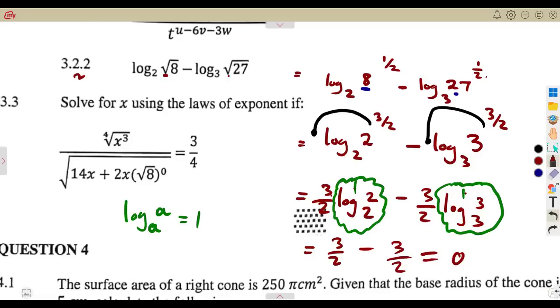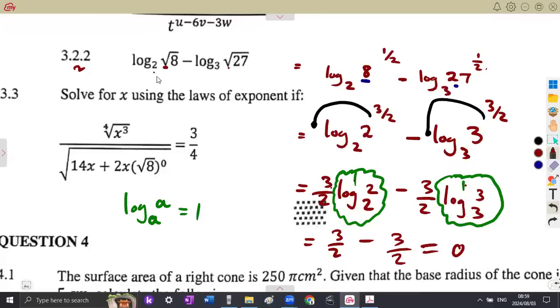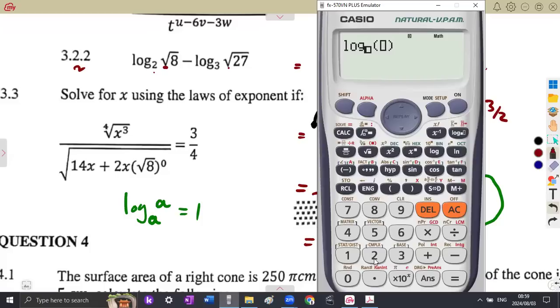And we can also prove this on our calculator. Are we going to obtain a 0 in that case? All right, so let us take this one. That is the logarithm in the base of 2, so take note, this is in the base of 2, of the square root of 8, minus the logarithm in the base of 3 of the square root of 27, like this.